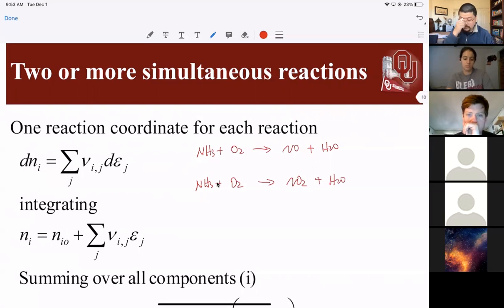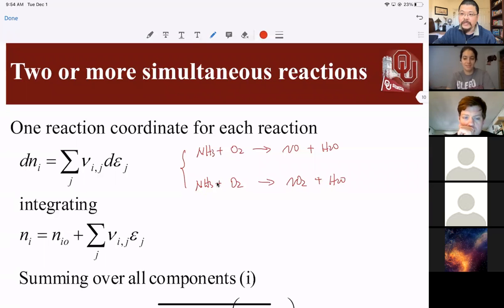So that is the two reactions that we typically have when burning the ammonia. So what's going on if I have two reactions? Then number one is we need to recognize that, by the way, I don't have the two reactions balanced. So we need to balance the two reactions before doing anything. And I am just too lazy to do that now.